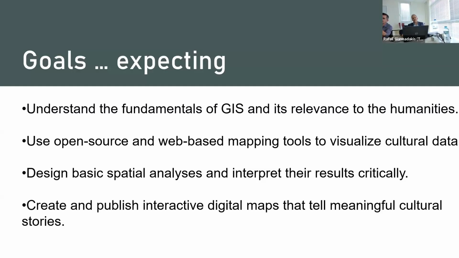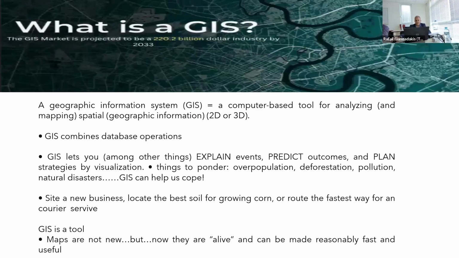Finally, it will be a goal if you can create and publish an interactive digital map alone, and tell through the map some meaningful cultural stories. Let's try to start.